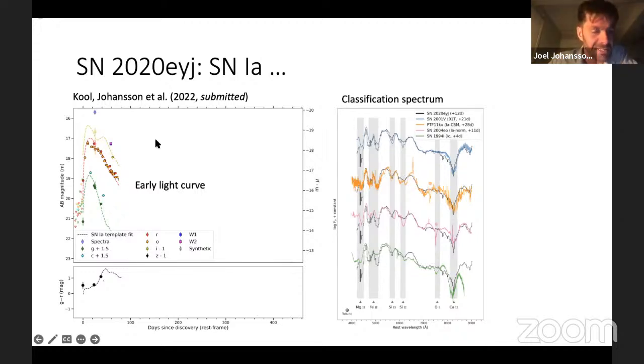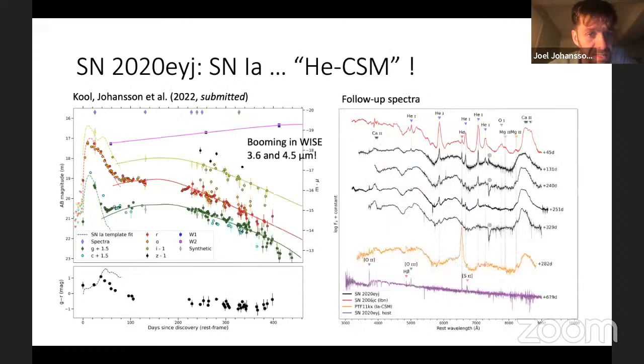So we got a spectrum around peak, and we put it in the box with the other 5,000 supernovae. And then roughly 70 days after peak, it did not evolve like we expected it to do, but started plateauing or even increasing in brightness.